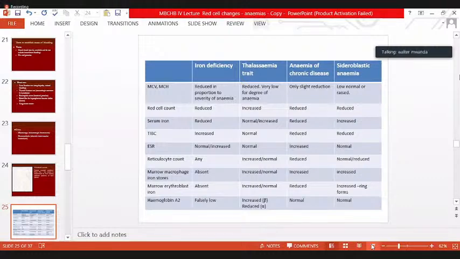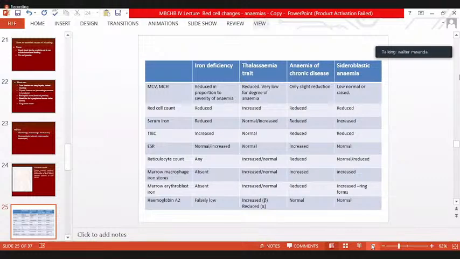The ESR, which is a common investigation, will suggest to us if there are any other underlying disorders. Reticulocyte count can also suggest associated causes, but generally speaking, it is not extremely useful. Bone marrow for stainable iron, as I said, is not necessary if it is a straightforward iron deficiency.